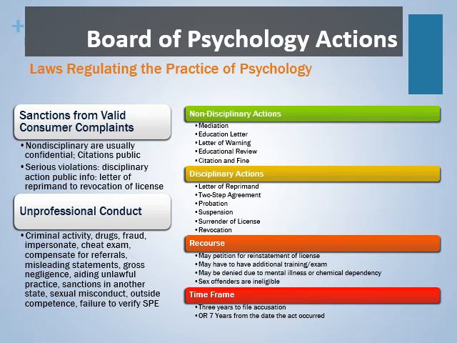The 2-step agreement. That's an option again if it's not too severe and no harm occurred. Like, let's say they inappropriately coded a bill to an insurance company. So this is a case where you need to do remedial coursework, and maybe you'll have a billing monitor over your practice for a specified period. So they really want to fix the problem, but it's serious enough that it's disciplinary.